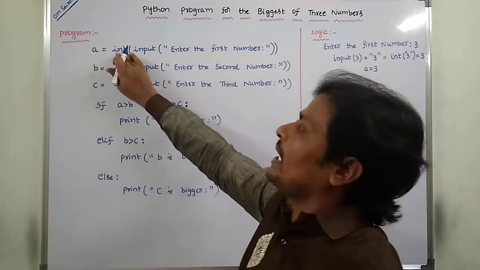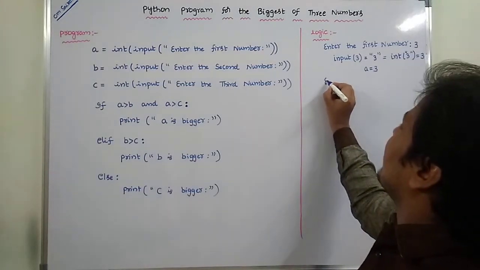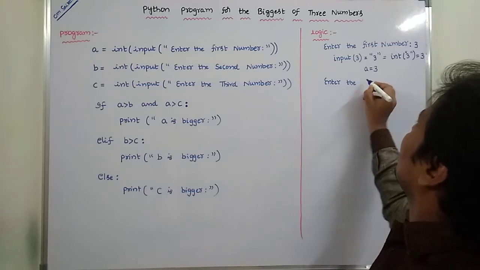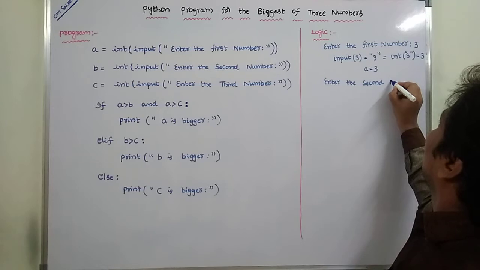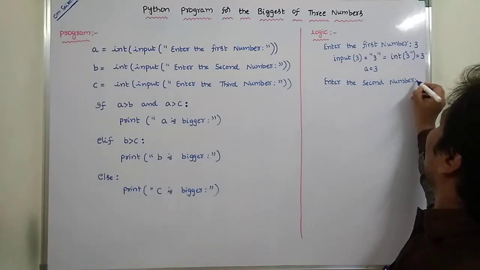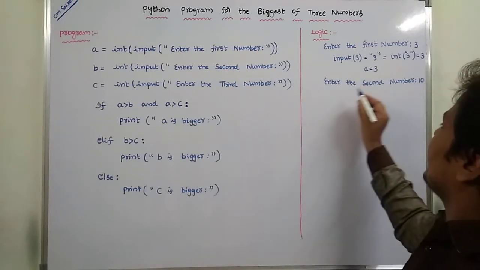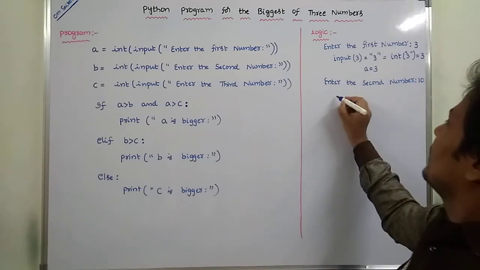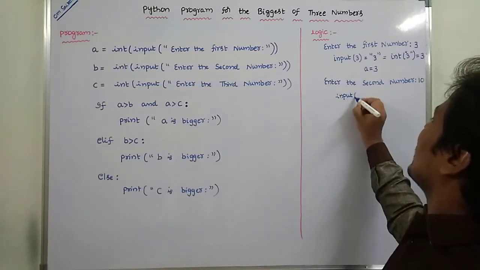After completing this step, we go for the second step. Enter the second number. Here the second number is 10. This 10 is entered by the user and taken by the input function.